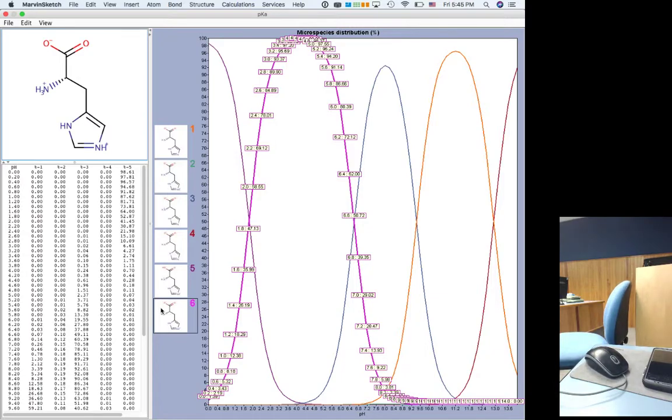The pKa of the ring is high enough that it traps a proton, and now the zwitterion that was neutral becomes positively charged. We're still dealing with L-histidine. It hasn't changed at all other than the protonation state.